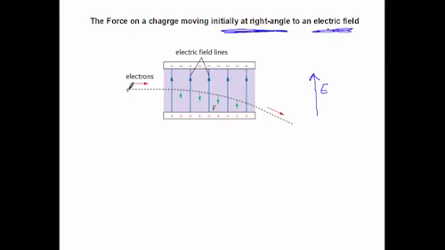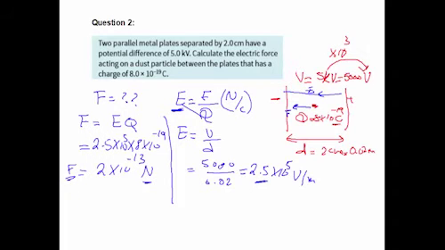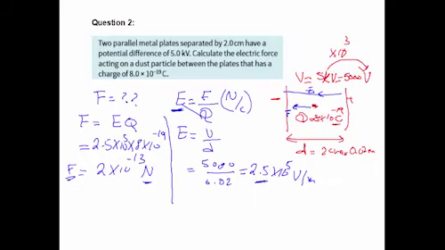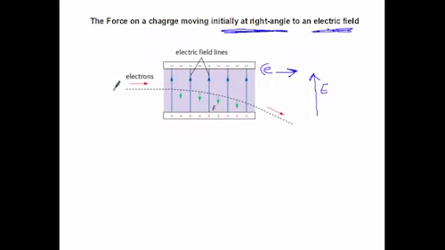An electron is entering to the right, so initially it was perpendicular to the direction of the electric field. But in the previous example, the charge was moving parallel to the direction of the electric field. Here, initially the particle is perpendicular to the direction of the electric field.